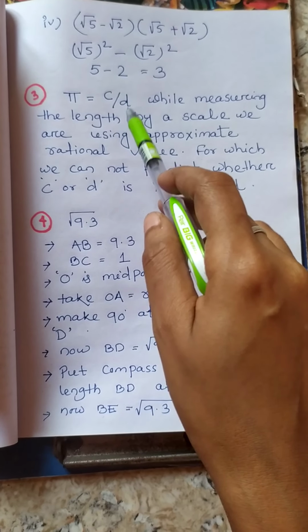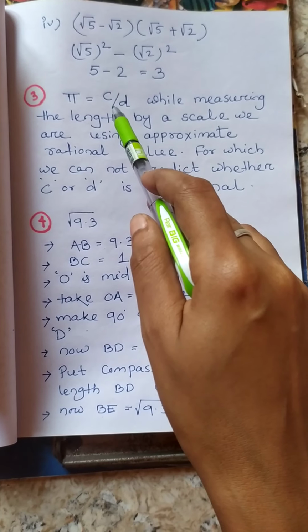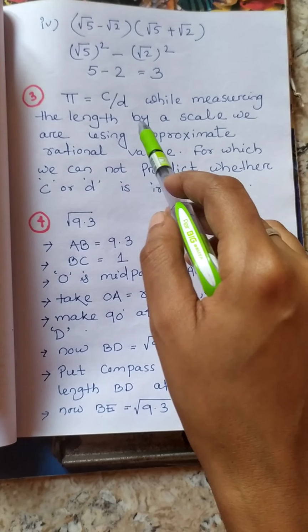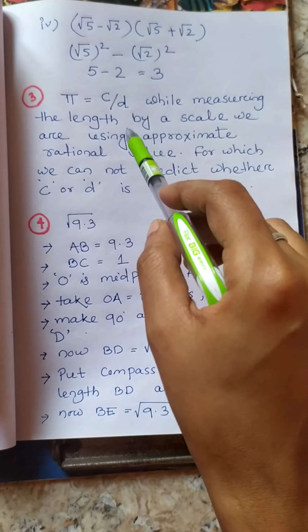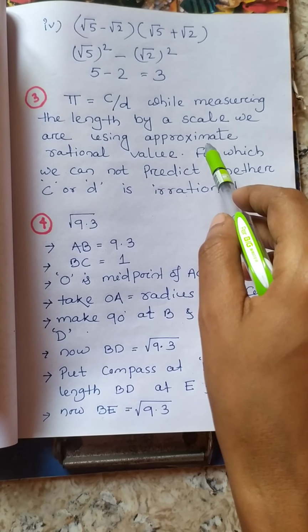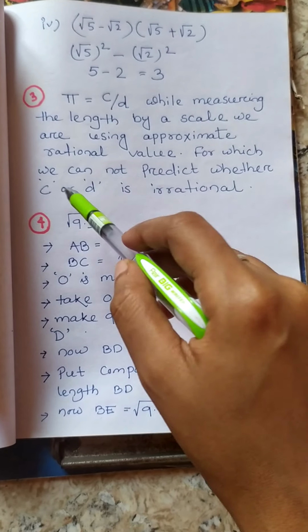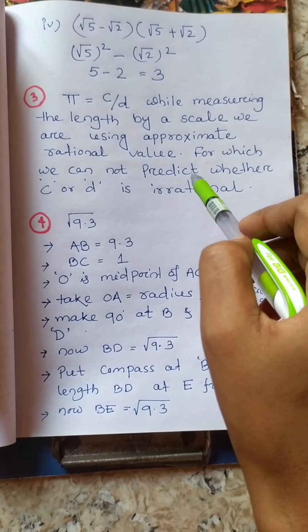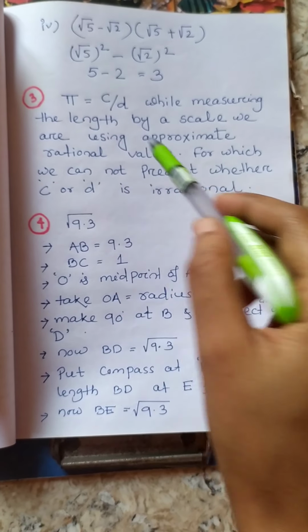But while using it in our manipulation or calculation, we do not go up to that limit. We just write 2 or 3 digits after the decimal. So we are using the approximate value, and we cannot predict whether c or d is irrational. So there is no doubt that pi is irrational.